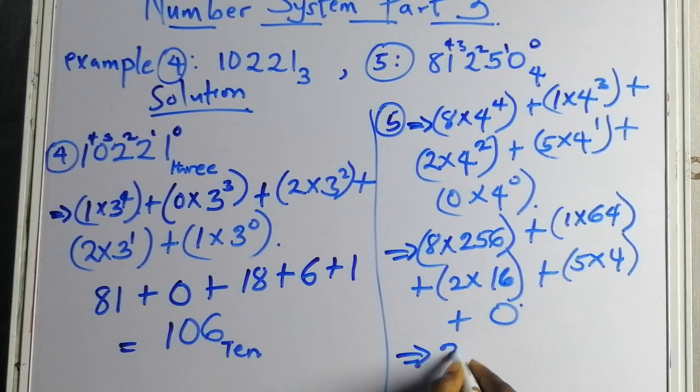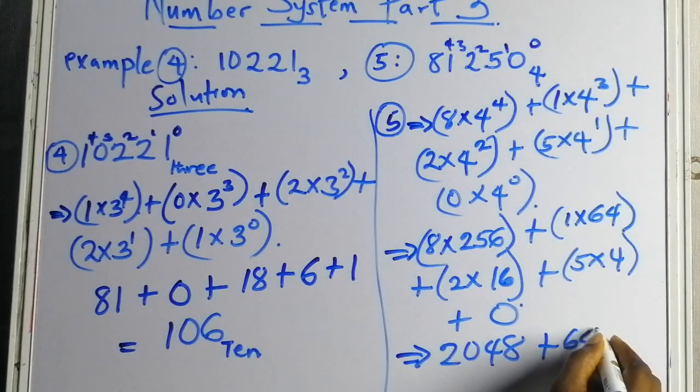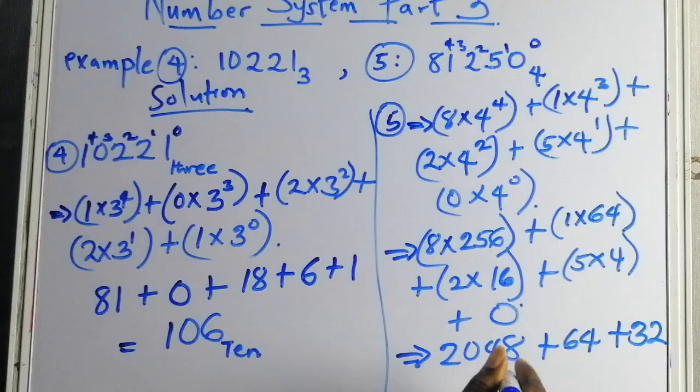That implies you have 2048 plus 64 plus 32. That's 16 times 2 is 32. Plus 20. I can do this manually. 2048. You have your 64. You have your 32. You have your 20. Very simple. Even if you're in the JAMB class, it doesn't take you anything.